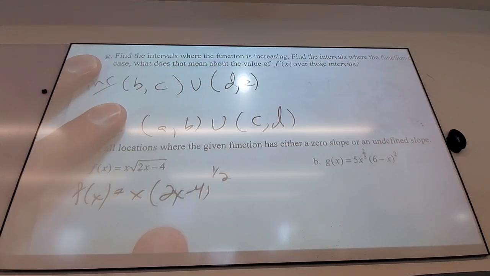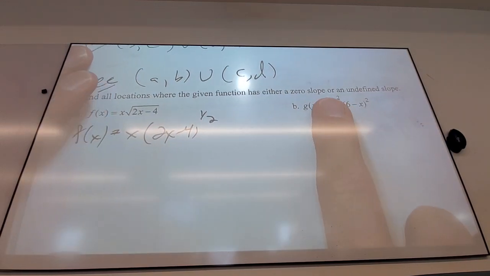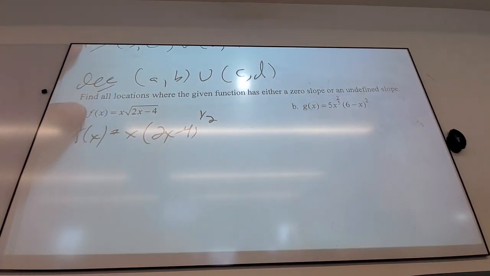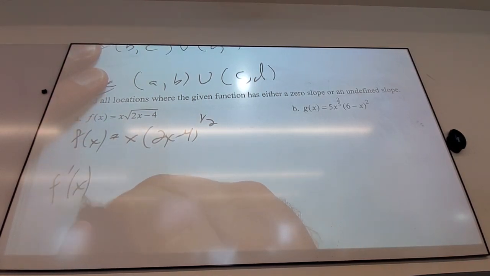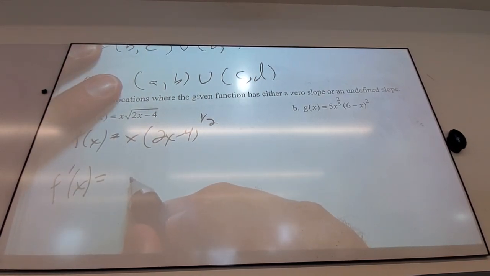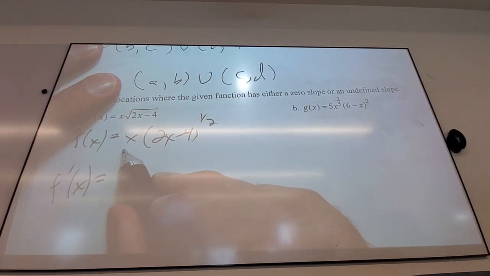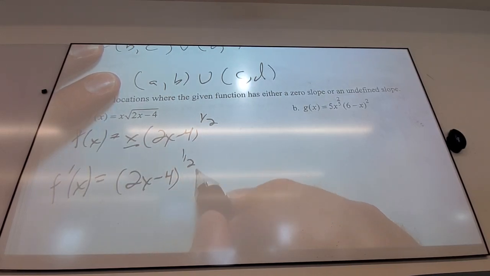So coming down here, we're going to make a list of candidate places that could be a max or min. How do I take this derivative? What do I have to do? Product rule. So it's the derivative of this times this plus this times the derivative of this.